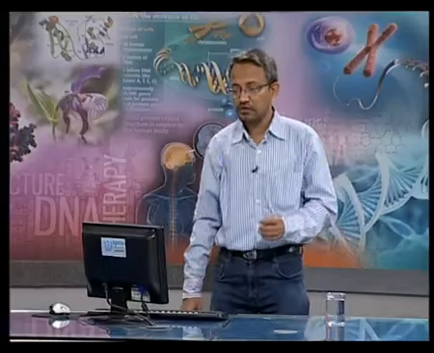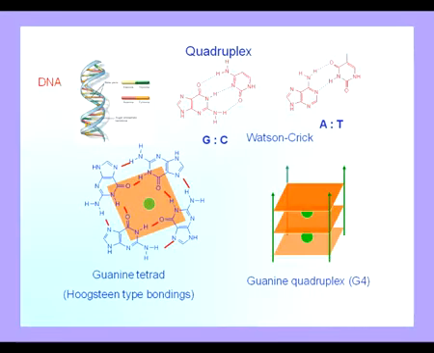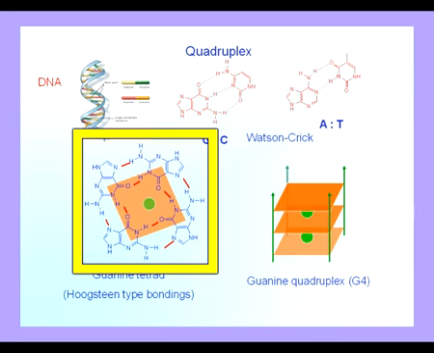Today, I am going to talk about a special structure, which is a 4-stranded DNA structure known as a quadruplex. So, what is the quadruplex? There are 4 bases, as I told you: guanine, cytosine, they base pair with each other. There is another base pair, adenine and thymine, they also pair. But guanine is one type of base that can come close to each other in the presence of a monovalent cation like potassium or sodium, as I showed you in the square box region.